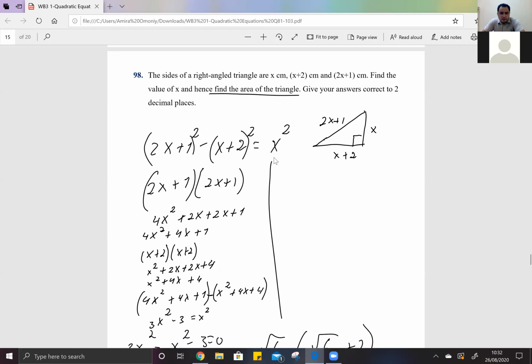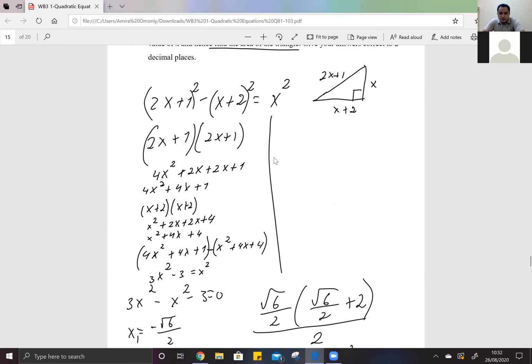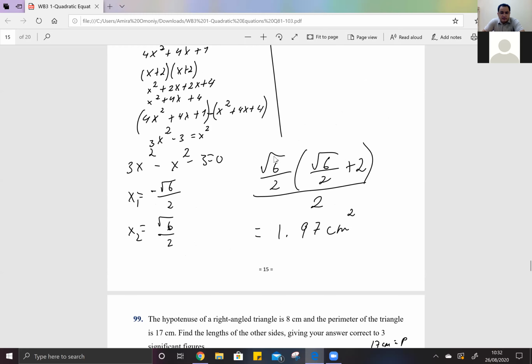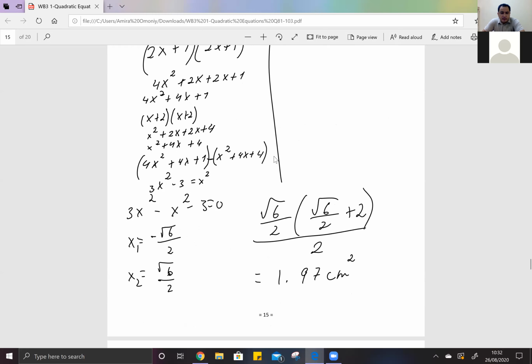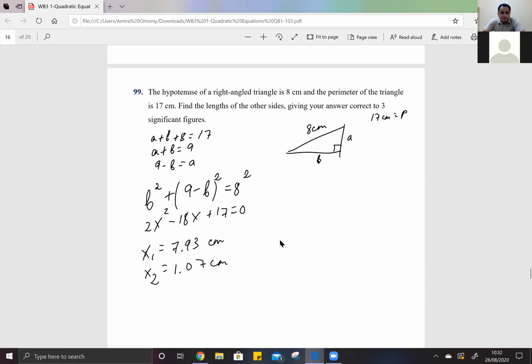Here, no question, right? I think everything is clear. 99. Okay, what is it? The hypotenuse of a right angle triangle is the perimeter between the 17. So these are the two lengths of the right angle triangle. Okay, good.